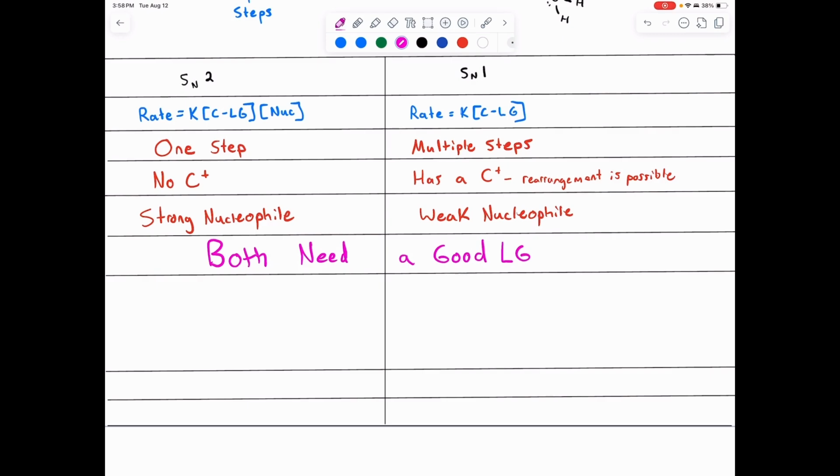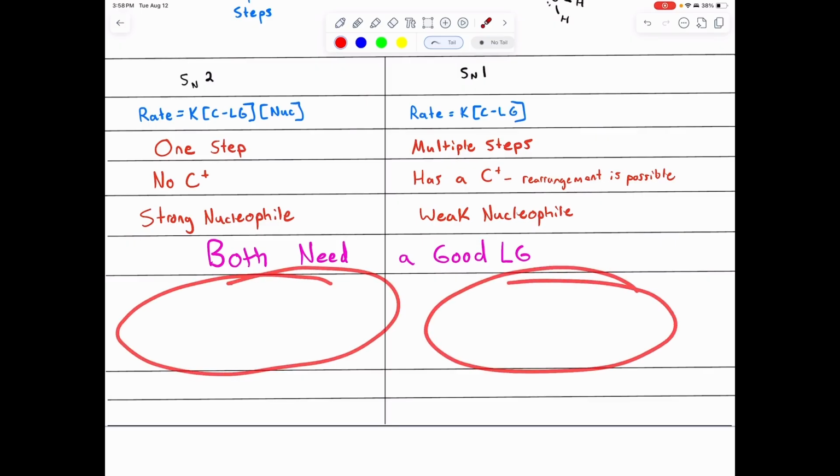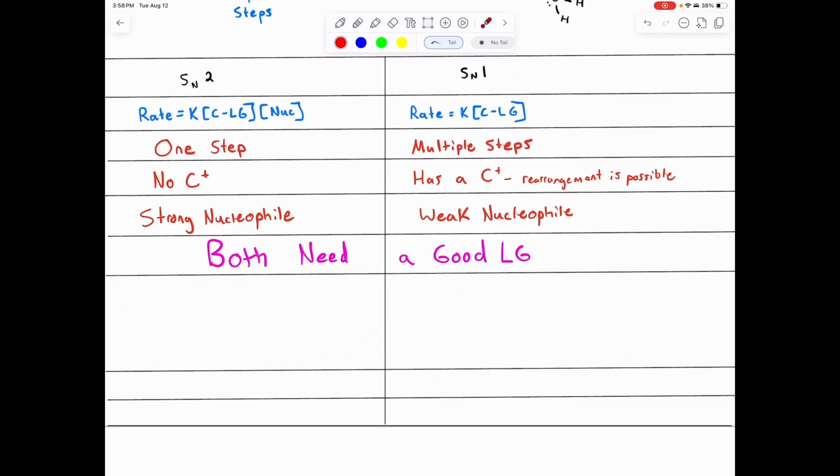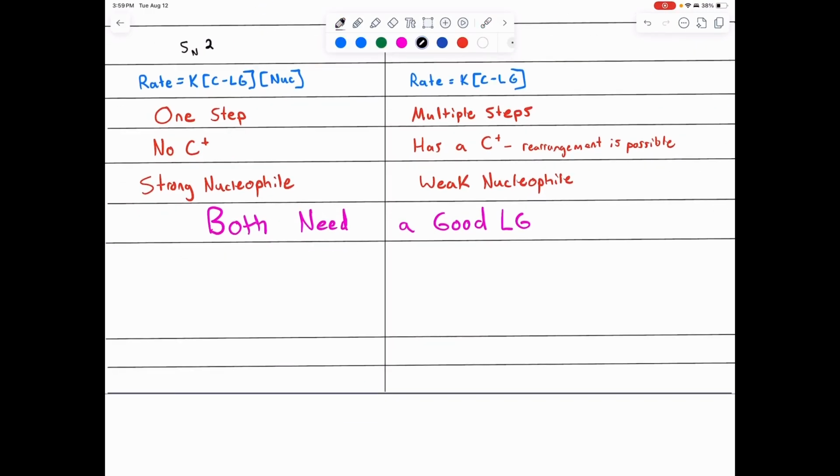Perfect. We are going to talk about one more detail, and then we're going to fill out the rest of the comparison chart in the videos to follow. So for both of these reactions, before we head into the next set of videos, I want to leave you with a key phrase for each reaction.